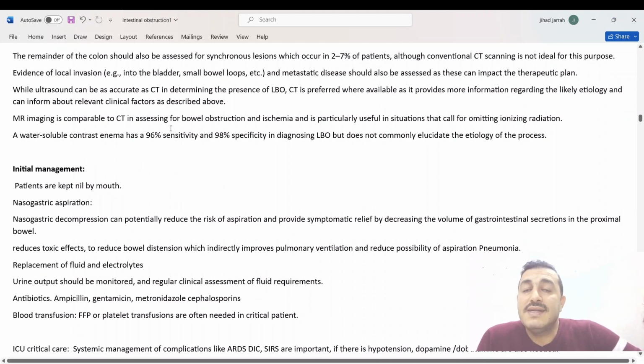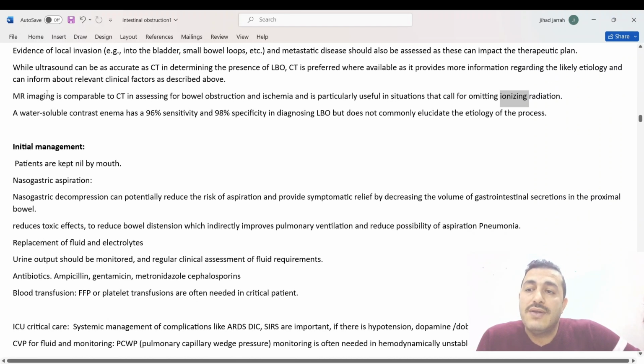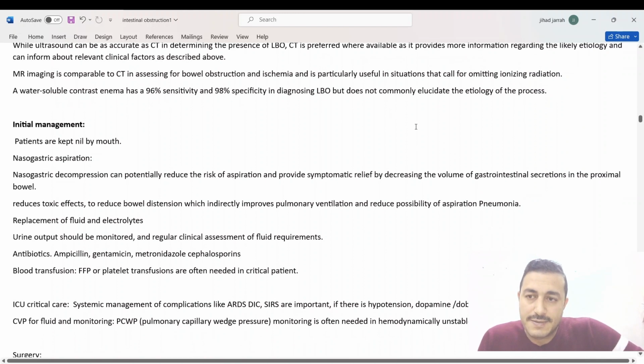MRI is like CT scan, but it's not always available, and it needs an expert radiologist to study. One of its advantages is that it is radiation free, so for example in pregnant women we can use it. They also talk about water soluble contrast, which carries a high specificity and sensitivity, but of course it cannot give us an indicator about the etiology like the CT scan.